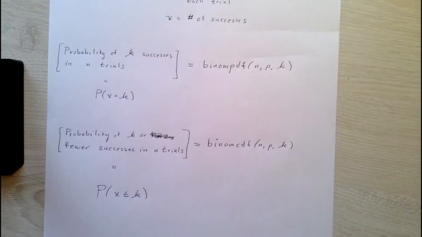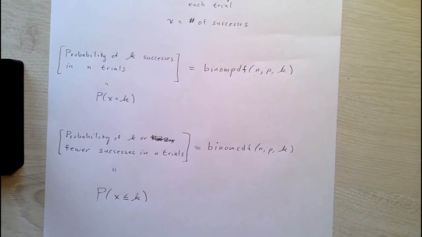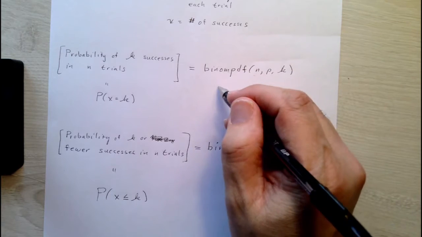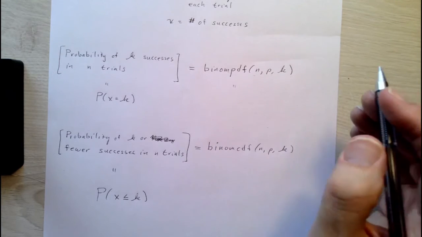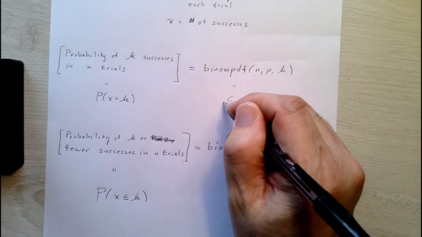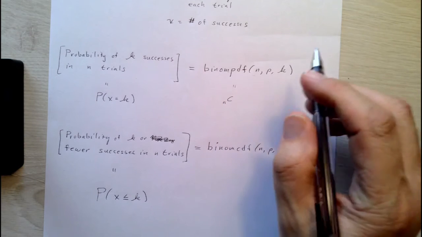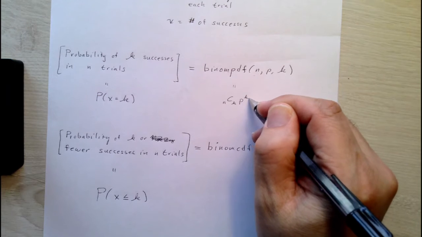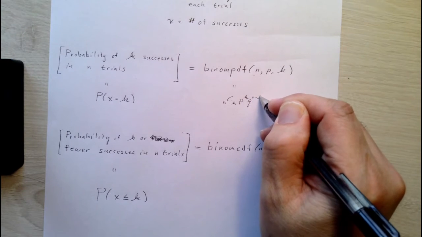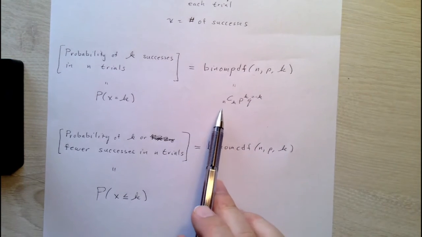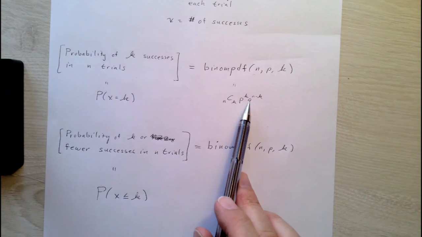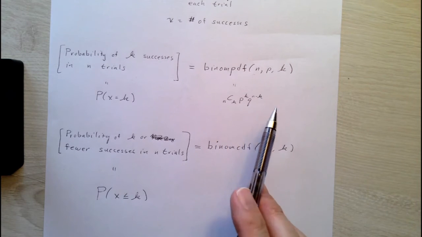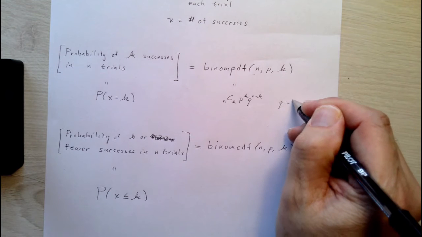Just to clarify one thing, what we're really doing here is computing the formula that was given in the text, where we have n choose k, p to the k, q to the n minus k, where q is 1 minus p.